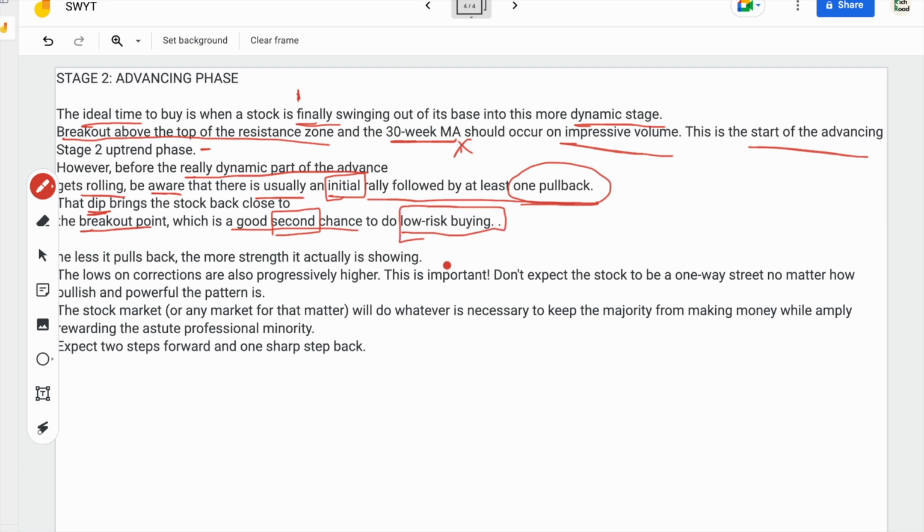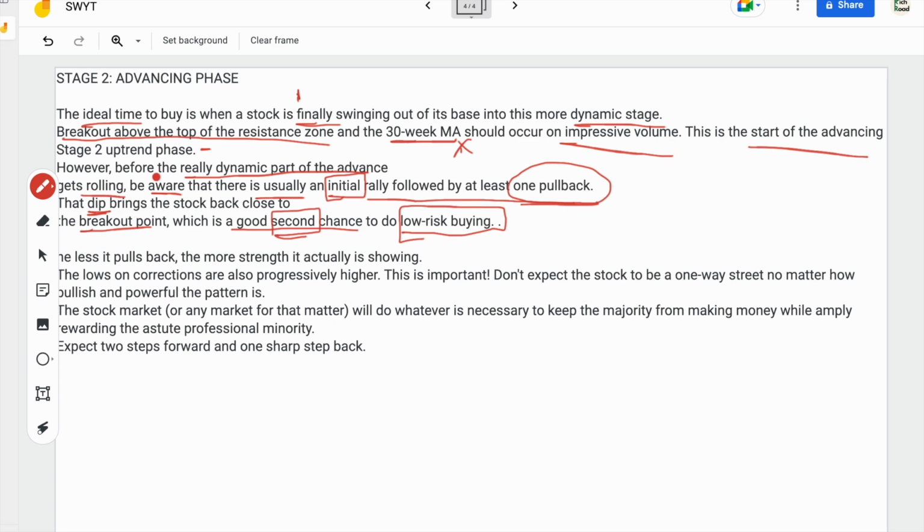Very important words. So he's saying that your first buy is where? Did he talk about it? He directly talked about a second chance to do low risk buying. He never talked about the first buying. First buying is something you have to figure out. How will you do that? I'll explain.